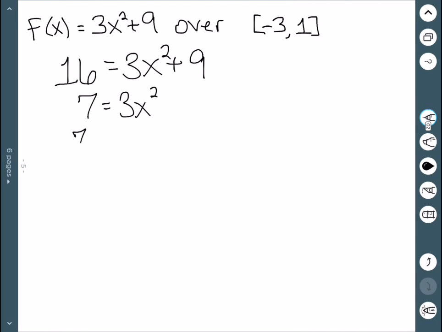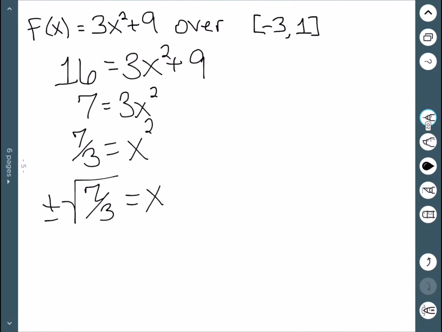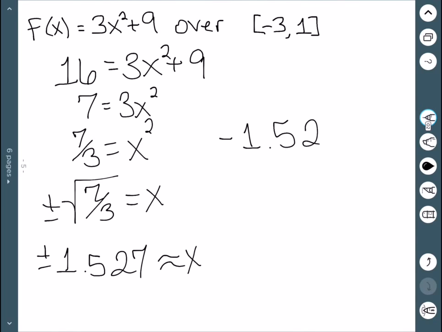We can divide by 3 and then take the square root. So we have plus or minus the square root of 7 over 3, which is approximately plus or minus 1.527. Now you'll notice only one of these is actually in this interval, negative 1.527. However, there is a point in the interval that this function actually reaches its average value.